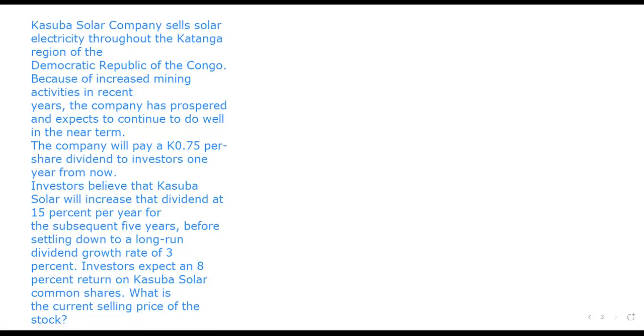The growth g, which is 15%. Okay. So 0, 1, 2, 3, 4. So here from now, 0.75 is D1. Then the growth rate is what?